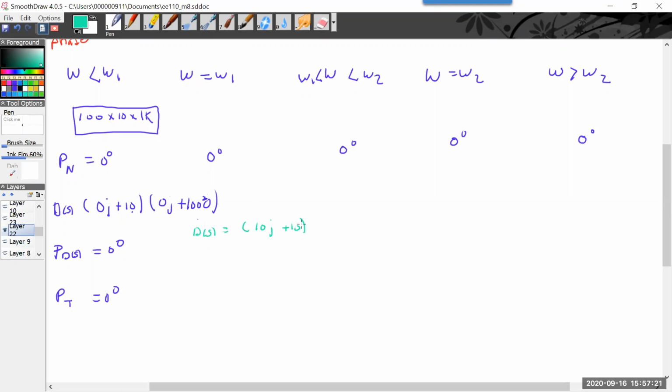This is still going to be 0J plus 1,000, right? So that's still going to be 0 degrees phase. And here we're going to have 0 minus 45, we're going to have minus 45.